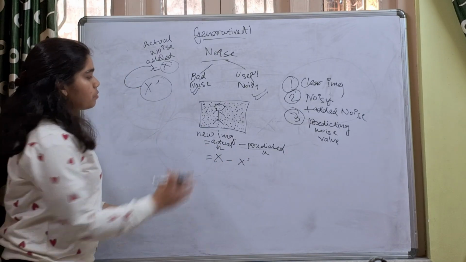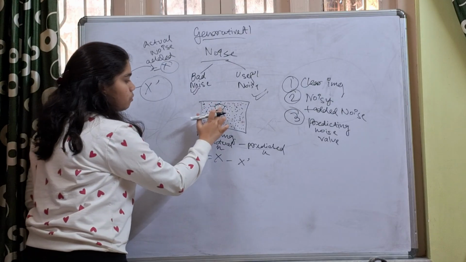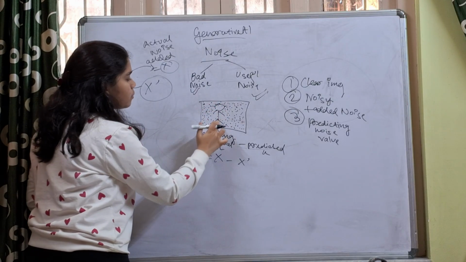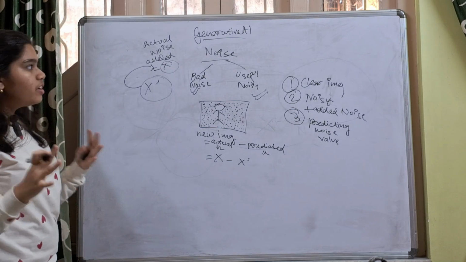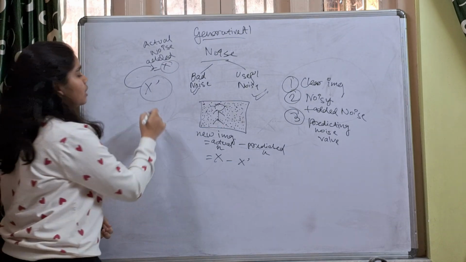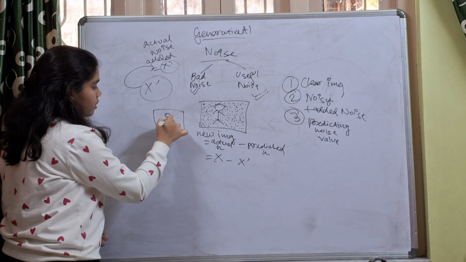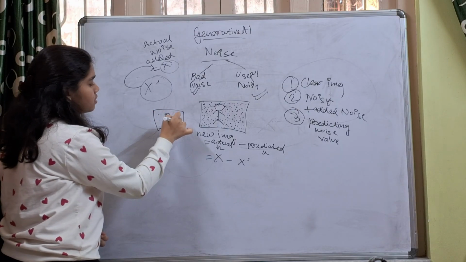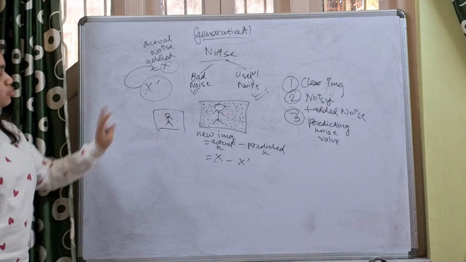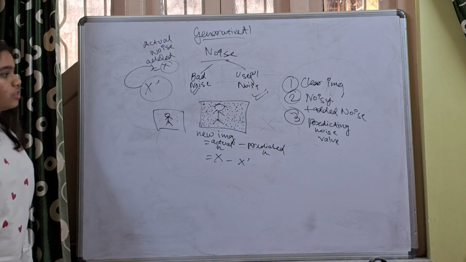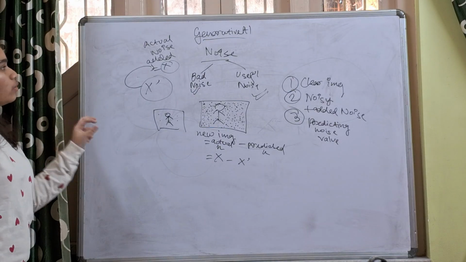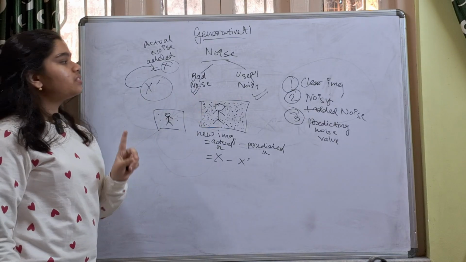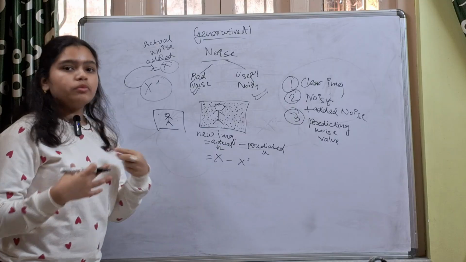Some noise is removed from the image, so the image becomes somewhat clear, not fully clear but somewhat clear. Now after repeated subtractions, you will get this image back again. Though it might still be somewhat noisy, you get the actual image. So the AI model basically learned how to remove the noise. First it was given the clear image, then it became noisy.